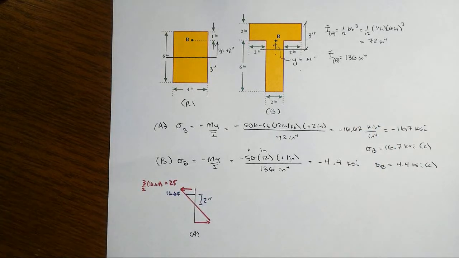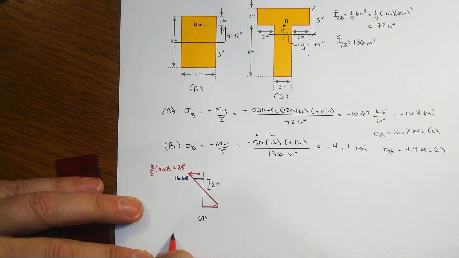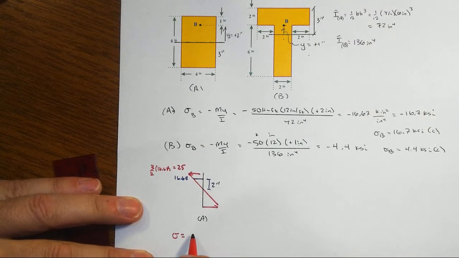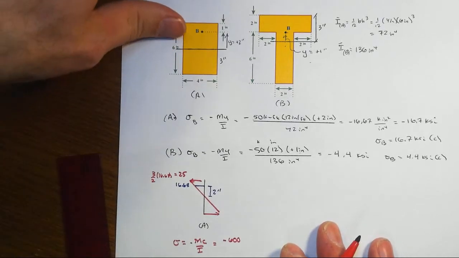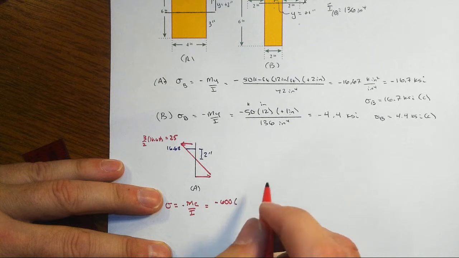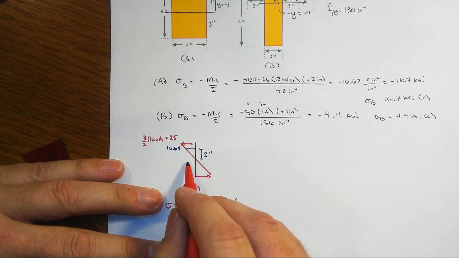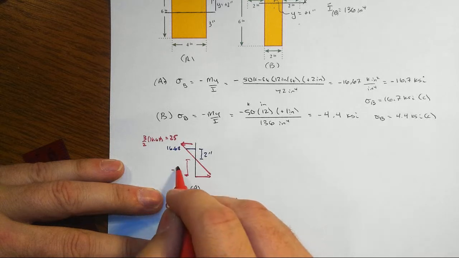Now, the other way to do it would just be go back to this sigma equals My over I. Now notice this time it'll be sigma equals really Mc over I, and hey, let's go down to the bottom, right? So this is a minus, so minus, and that's 600 kip inches. We've done this a number of times, so I'm not going to write all those unit conversions out. And the c now is downwards, so that's a minus 3 inches.